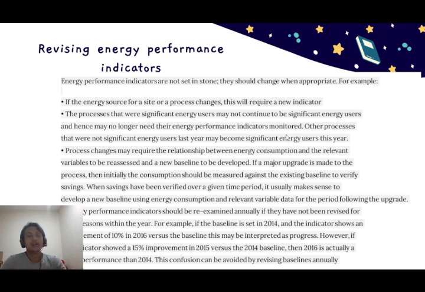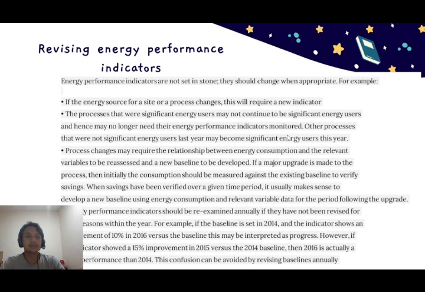Okay, we go to revising energy performance indicators. We can know energy performance indicators are not set in stone. They should change when applied. For example, if the energy source for a site or a process changes, this will require a new indicator.